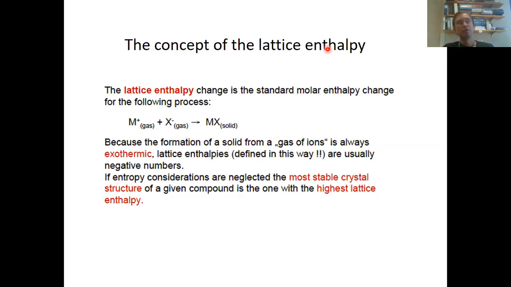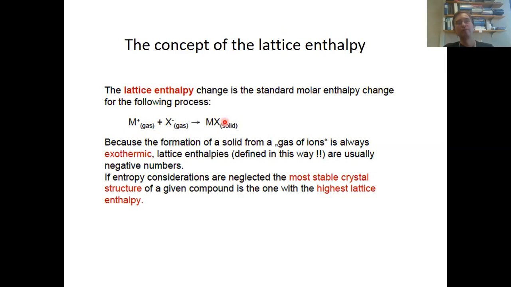So that reaction, M plus gas plus X minus gas gives MX solid, is energetically highly favorable because of the electrostatic attractions between the cation and the anion.